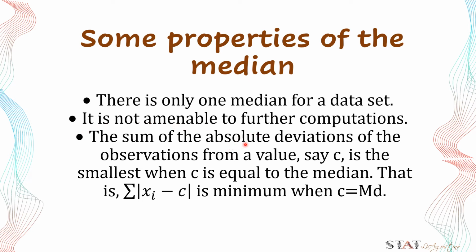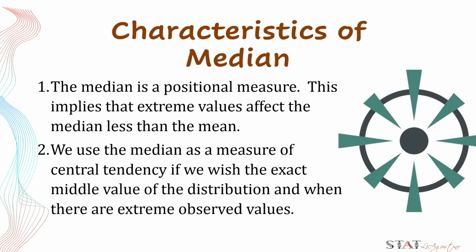The sum of the absolute deviations of the observations from a value, say c, is the smallest when c is equal to the median. That is, the summation of the absolute value of xi minus c is minimum when c is the median. It's somewhat confusing, but you will understand it as you go through some examples.